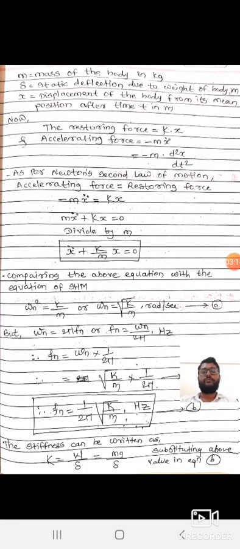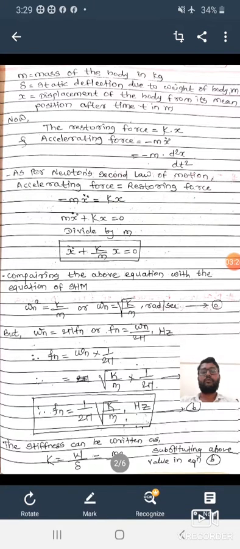As per Newton's second law of motion, accelerating force is equal to restoring force, that is minus m x double dot equal to kx, so m x double dot plus kx equals 0. Dividing both sides by m, we get x double dot plus k by m into x equals 0.